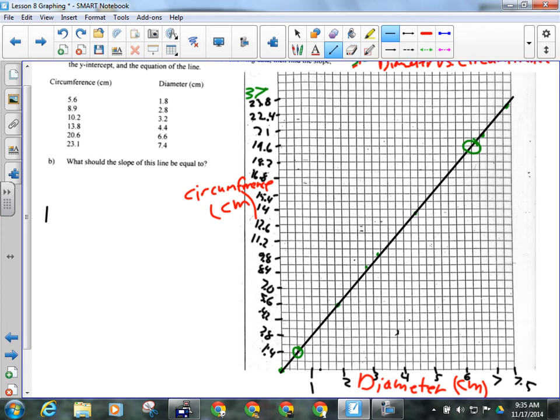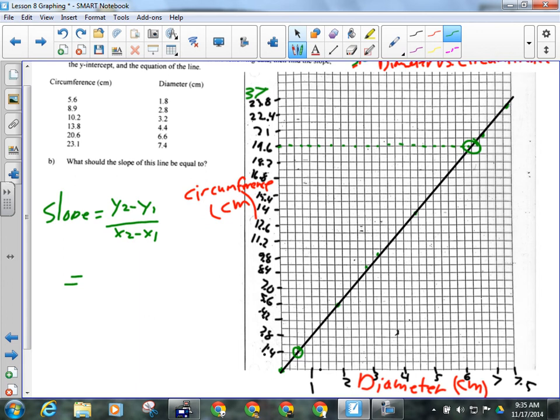So we got to remember that slope, oh, still have the line tool on. And can't erase those. All right, so slope equals y2 minus y1 over x2 minus x1. So for my graph, y2 is 19.6.